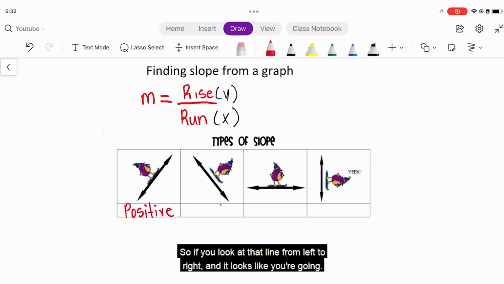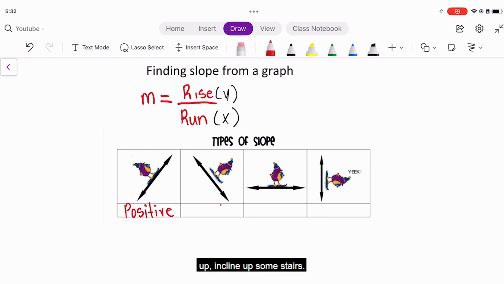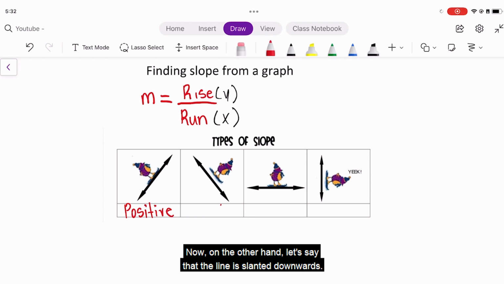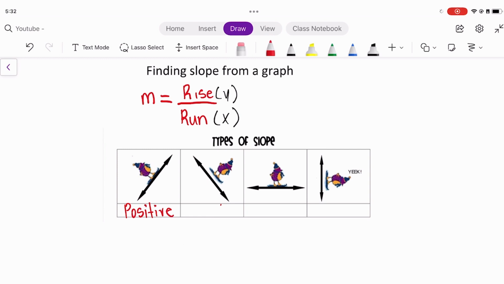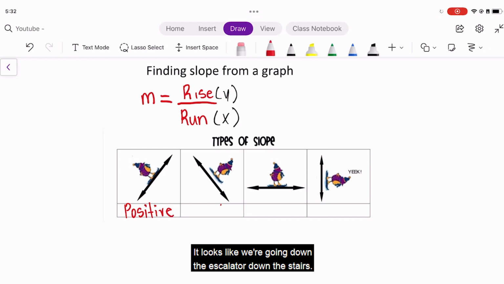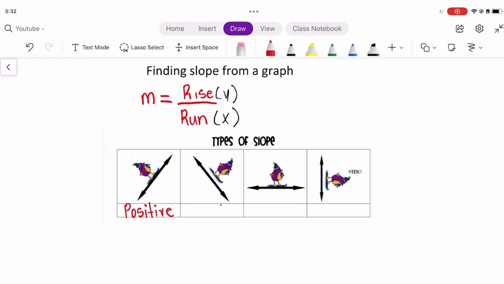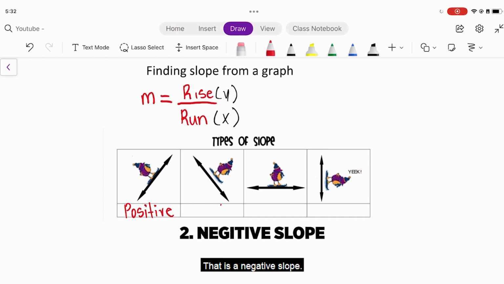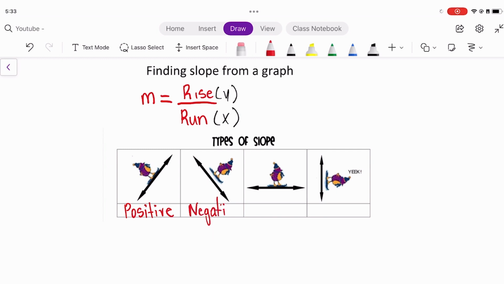So if you look at that line from left to right and it looks like you're going up an incline, up some stairs, that is a positive slope, all right? Now, on the other hand, let's say that the line is slanted downwards. It looks like we're going down the escalator, down the stairs. That is a negative slope.